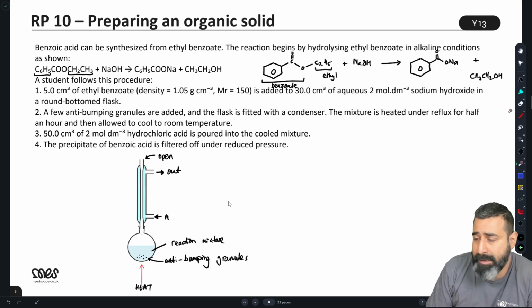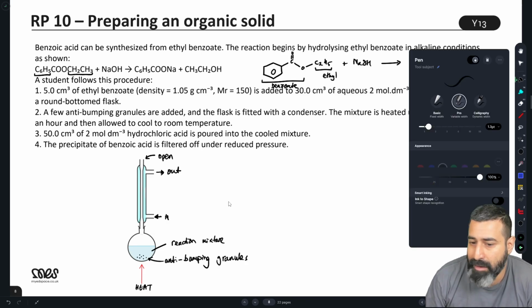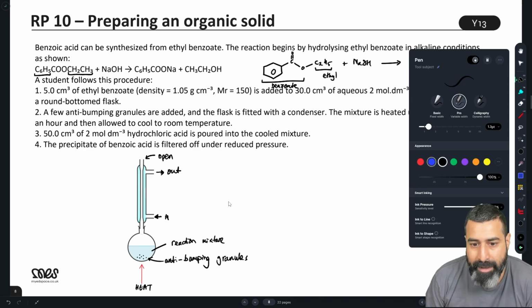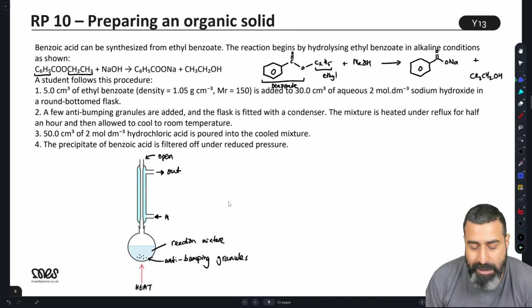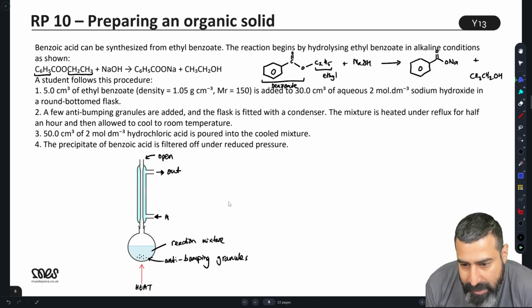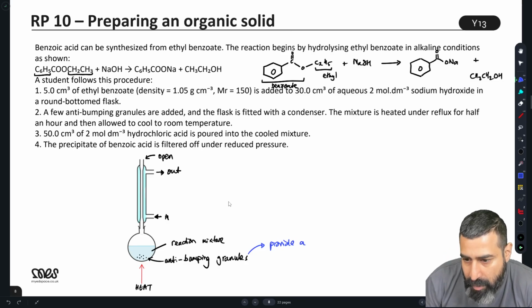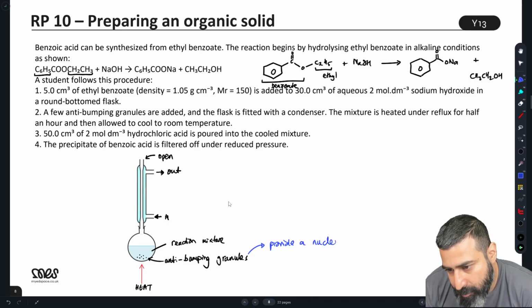So what happens is we start heating this up and the reaction mixture starts boiling. To prevent large bubbles from forming and then boiling over through the top of the condenser, we use anti-bumping granules, and what these do is they provide a nucleation site for the bubbles.